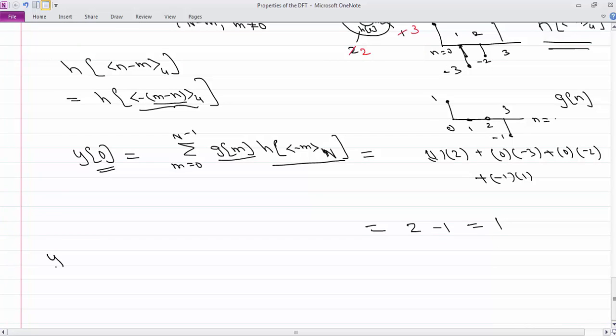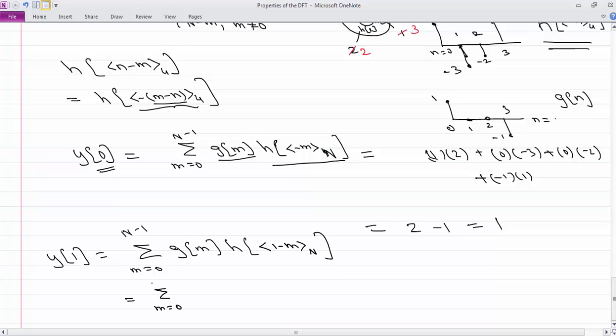Now, what is y1? y1 is simply the sum over m from 0 to n minus 1 of g of m, h of 1 minus m, mod n. So in this particular example, where n is 4, that is g of m, h of 1 minus m mod 4.